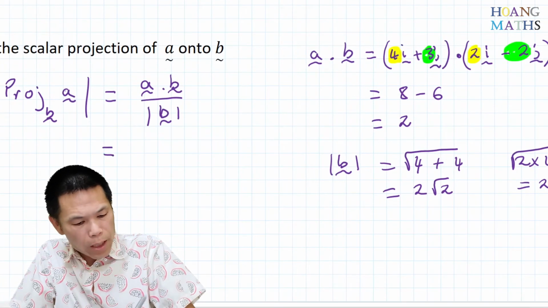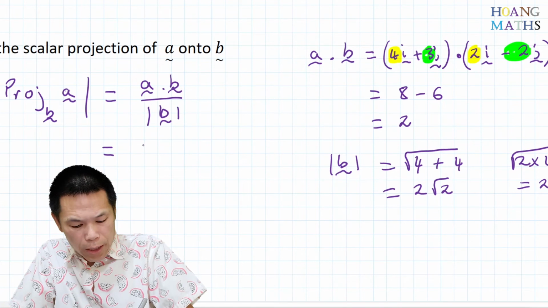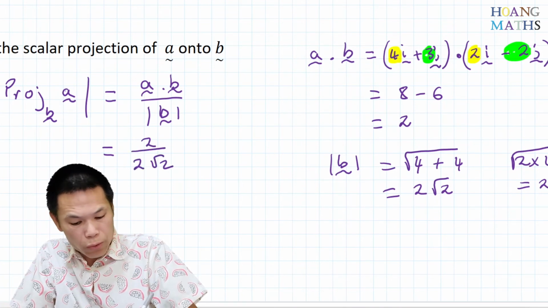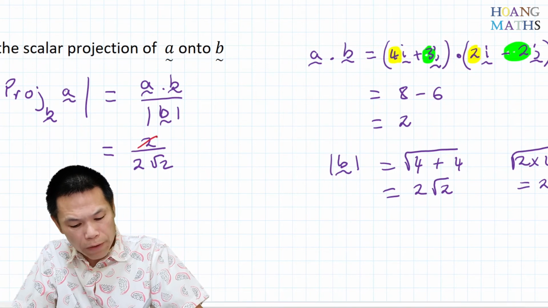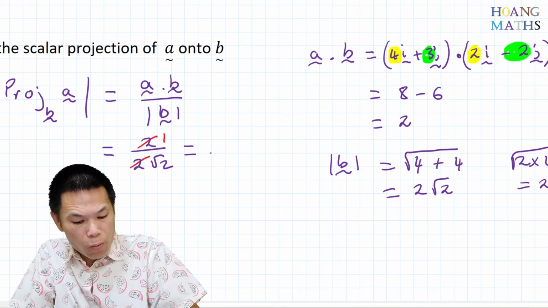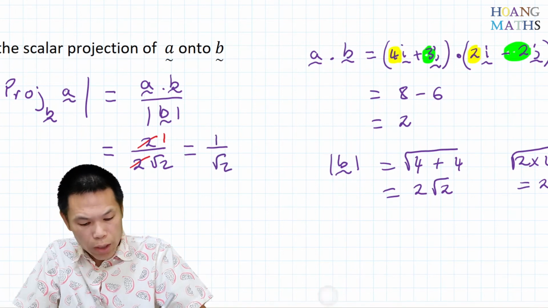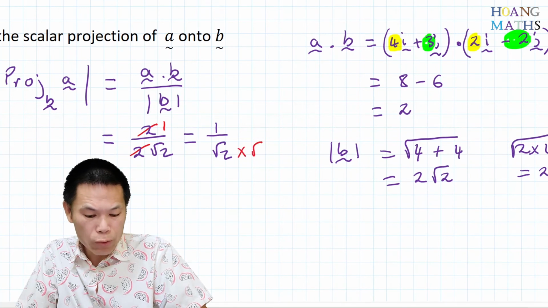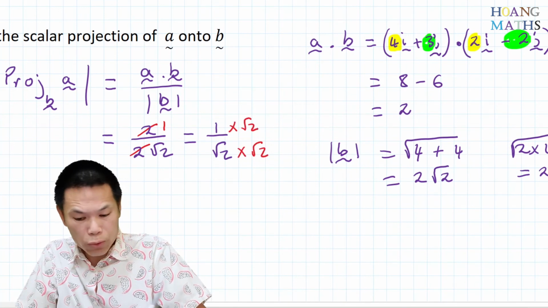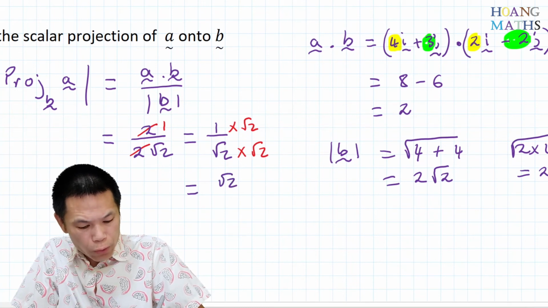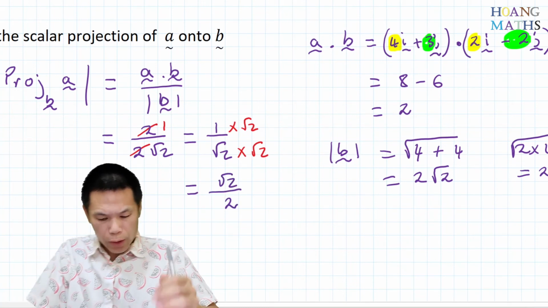A dot B is 2 and the magnitude of B is 2 square root of 2. Of course, we can simplify this to 1 over square root of 2. And I can rationalize this by multiplying by square root 2 over square root 2, which gives me square root 2 over 2. So there you go.